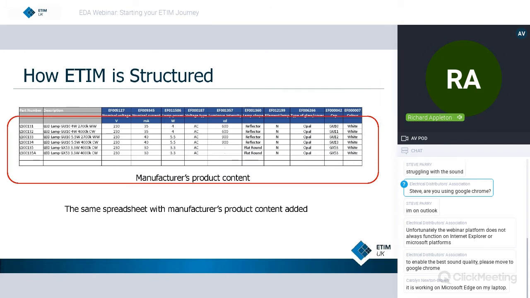So once that spreadsheet was filled in, it would start to look something like this. And I think that gives you quite a nice visualization of how powerful this data could be when you take that data structured in that way, and how that could be used in a website.